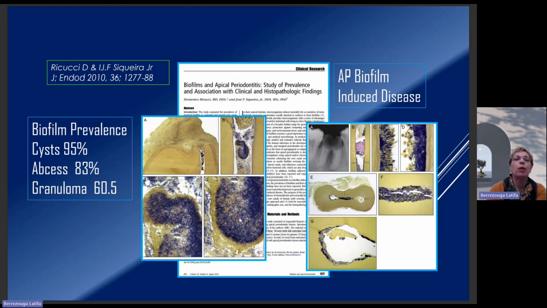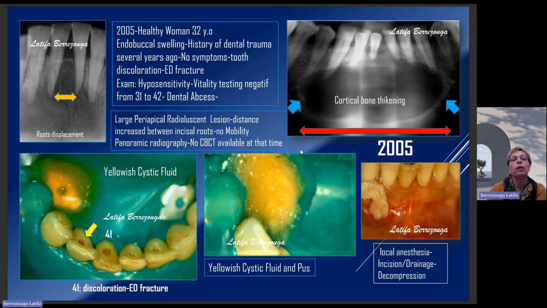My patient at that time, in 2005, was a young patient of 32 years old. She consulted the emergency department for a very painful endobuccal swelling, and she reported a history of dental trauma at the level of the mandibular incisors.